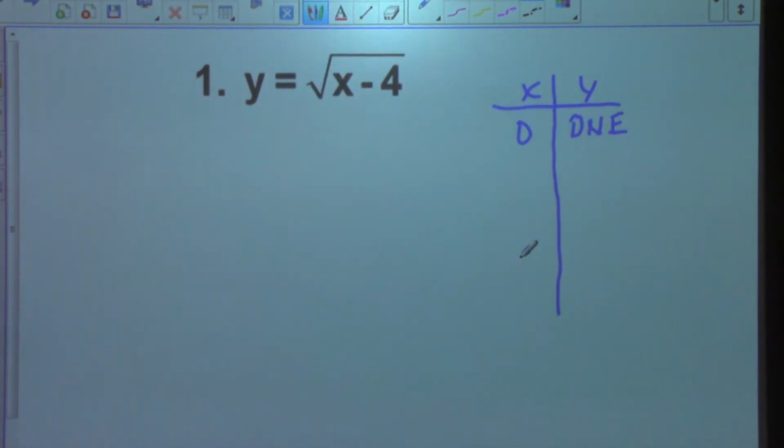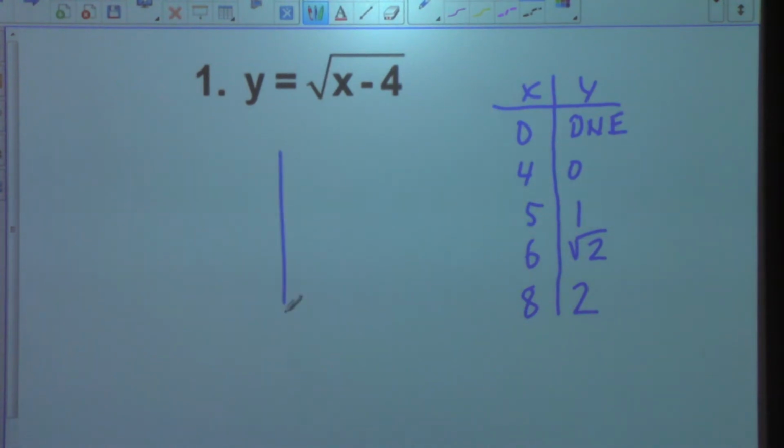Really the function starts existing at 4. We have 5 at 1, 6 minus 4, square root of 2. If we plug in 8, what's 8 minus 4? 4. Square root of 4 is 2.